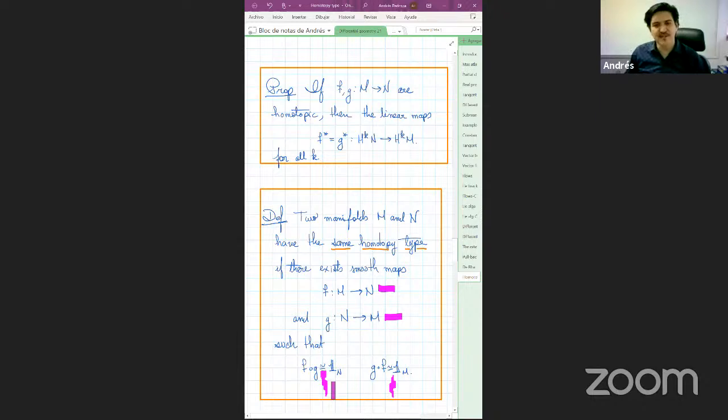It is required to be homotopic to the identity. Right? So for diffeomorphic manifolds, I need to have equality here and equality here. That's what it means to be diffeomorphic. To have the same homotopy type is weaker. I don't require these two maps to be equal, just to be homotopic. Okay?